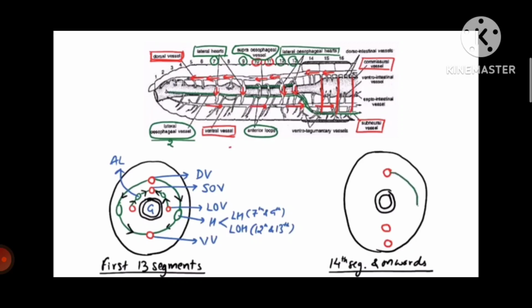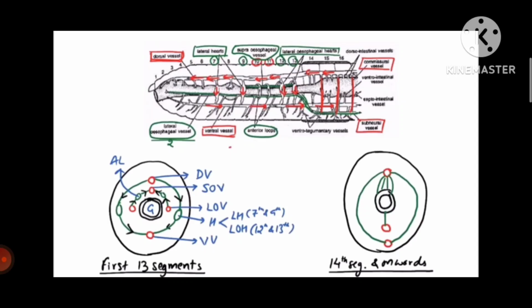The dorsal vessel and the ventral vessel, subneural vessel, are connected by commissural vessels, while the ventral vessel is connected to intestine via ventrointestinal vessel. There are also connections between the dorsal vessel and the intestine, and these are basically 4 vessels which are connecting the intestine with dorsal vessel in every segment.